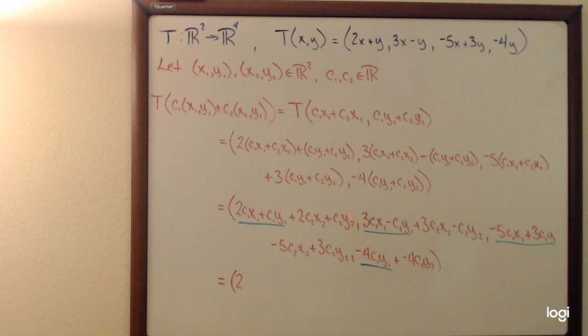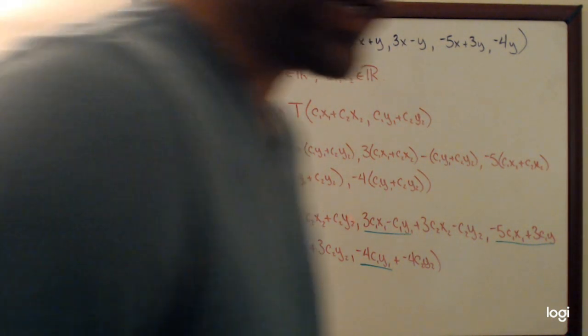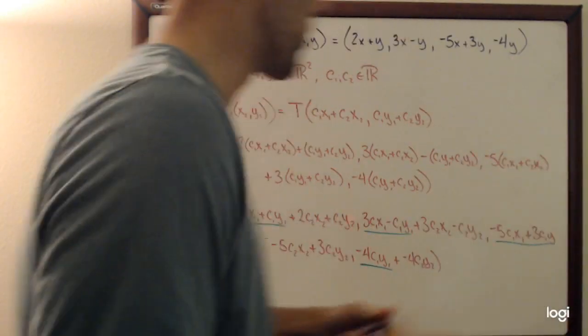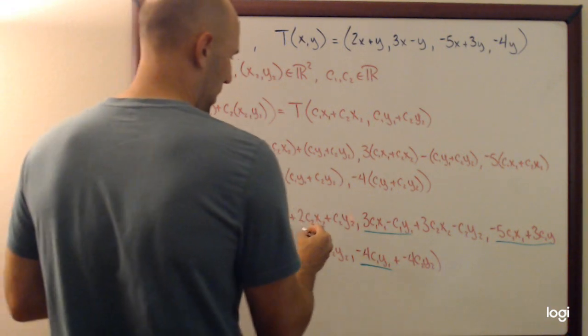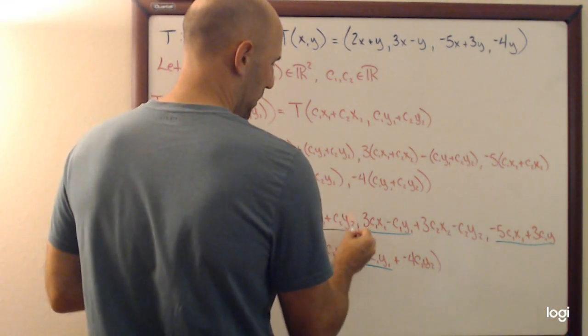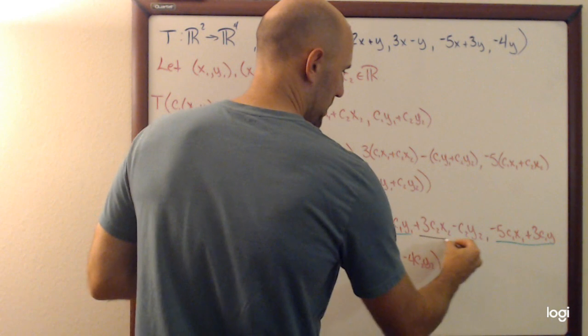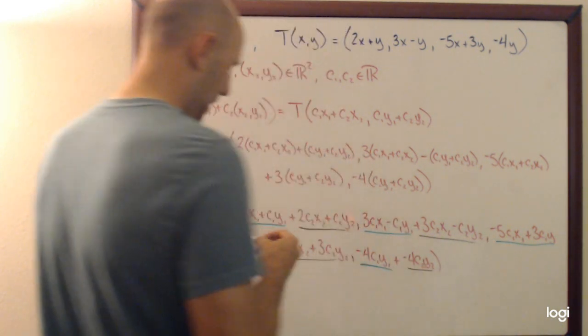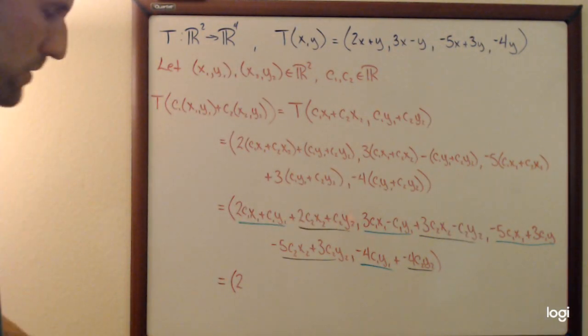Okay, so I'll underline those in, I don't know, I need another color. I don't know, brown, I guess. I picked up a brown marker. Okay, so this one will be my first component for my second vector, second component, third, and fourth, right? Sort of track where everything goes. Okay, here we go.